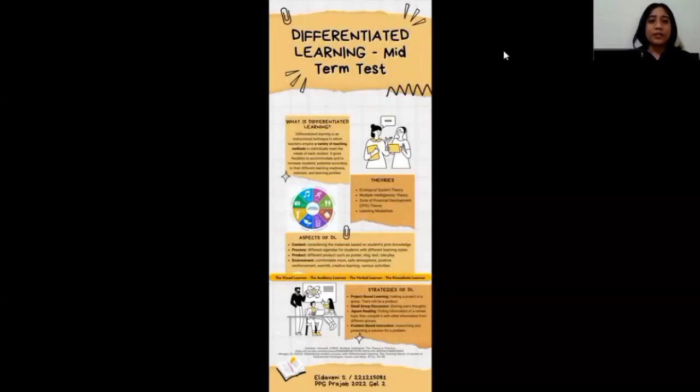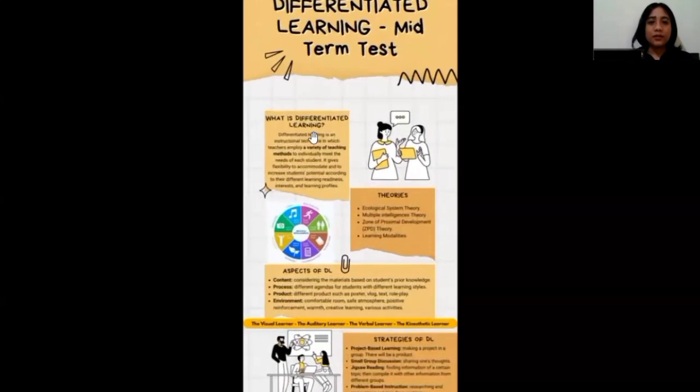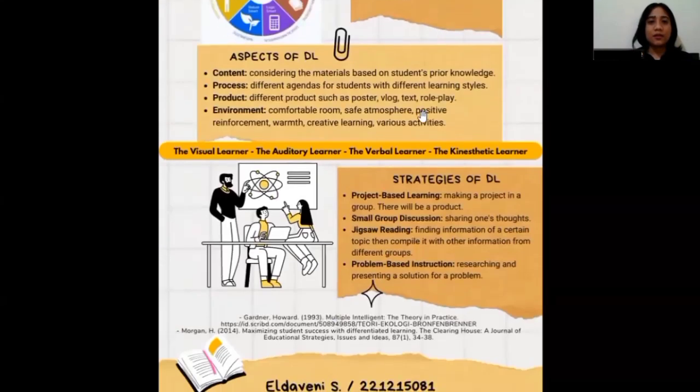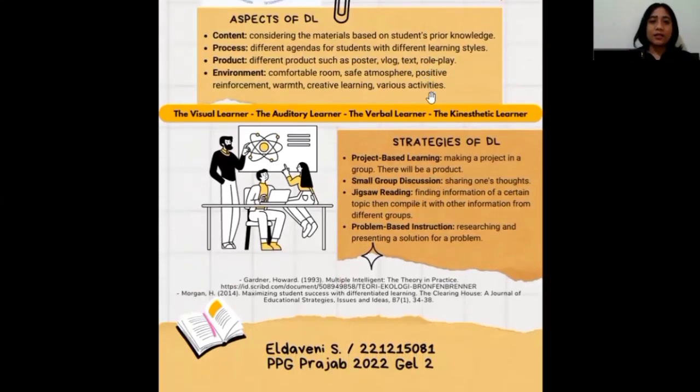This time I will explain to you about differentiated learning. So far in PPG Prajabatan, we have learned three major topics of differentiated learning. The first one is about the definition of differentiated learning and theories that can support differentiated learning. And the second one is about the aspects of differentiated learning.